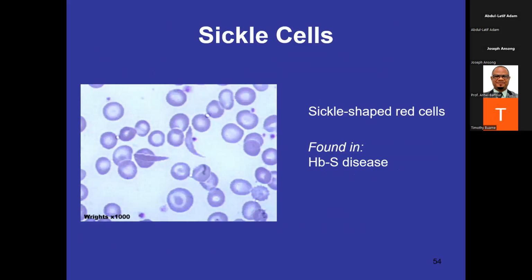So when the red cell shapes are affected due to one condition or the other, these are what you see. You're going to see some of the different red cell pictures in different conditions. And we have the hemoglobin forming fluid crystals and crystallizing out of the cell, forcing the cell to sickle and form a rigid shape that traps blood in the vessels and doesn't allow blood flow to take place. So a sickle shape is found in sickle cell disease.